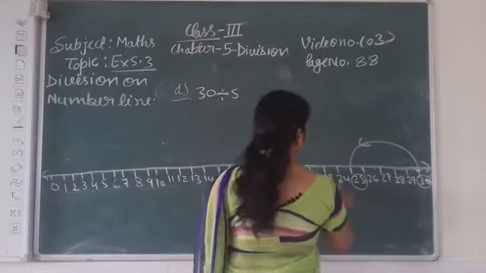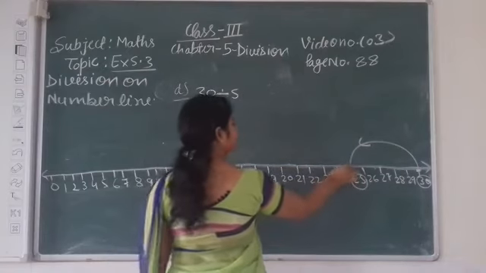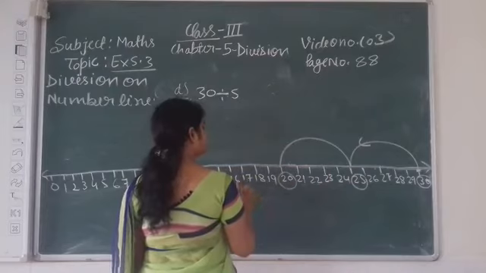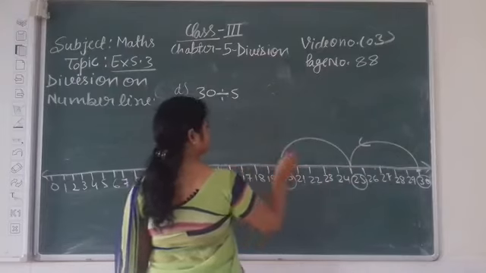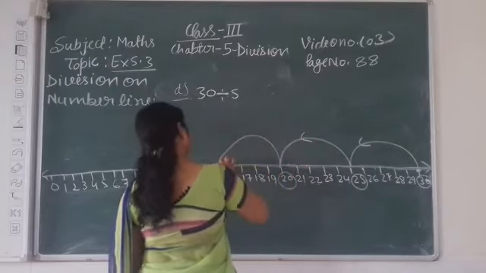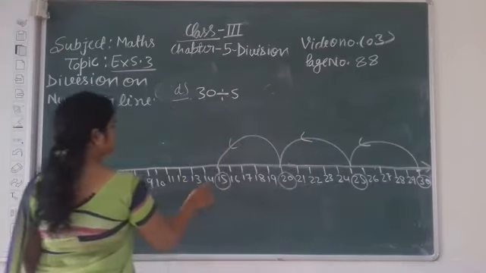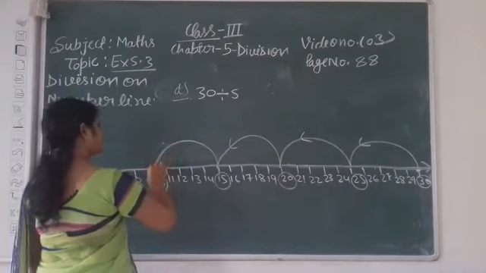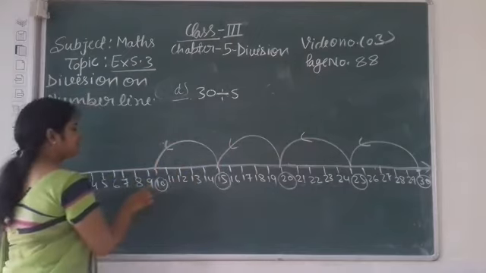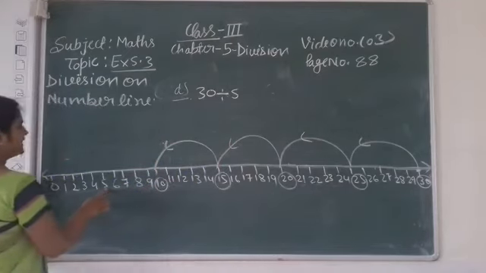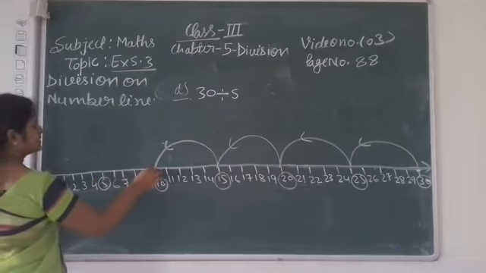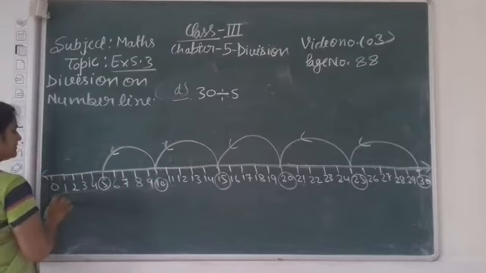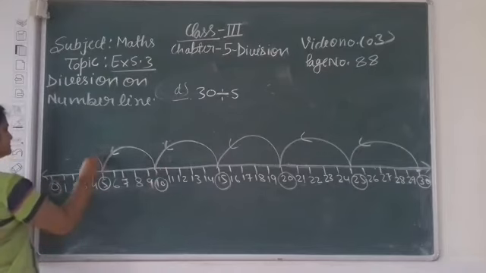Then 1, 2, 3, 4, 5, 20. 1, 2, 3, 4, 5, 15. Then 1, 2, 3, 4, 5 is 10. Then 1, 2, 3, 4, 5 is 5. Then 1, 2, 3, 4, 5 is 0.